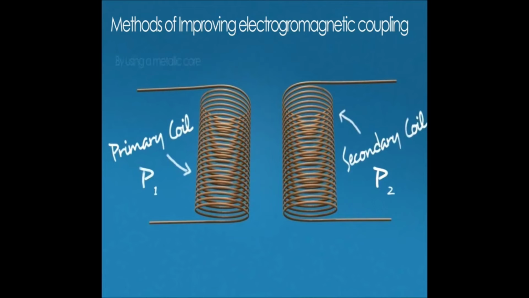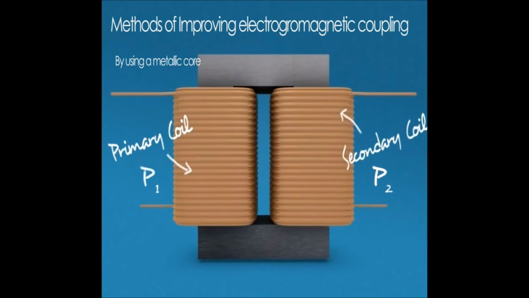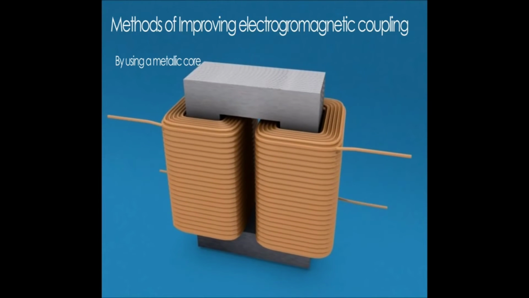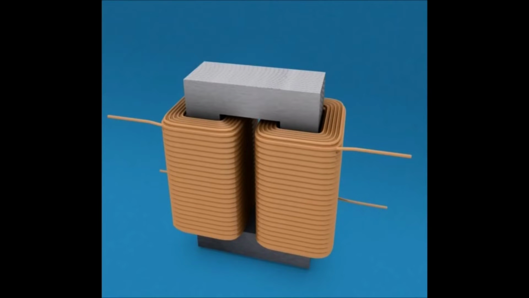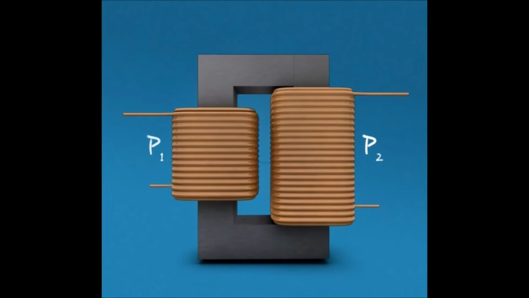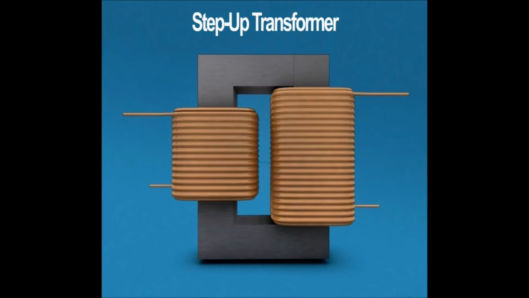By using a magnetic core between the coils, which gives a low reluctance path to the flux and improves magnetic coupling between the coils. As you can see here, in this case, the coil on the left side, or we can call it the primary coil, has fewer turns than the coil on the right side, or the secondary coil. And the transformer is called a step-up transformer.